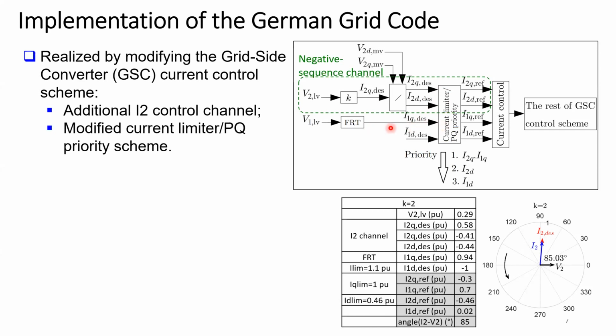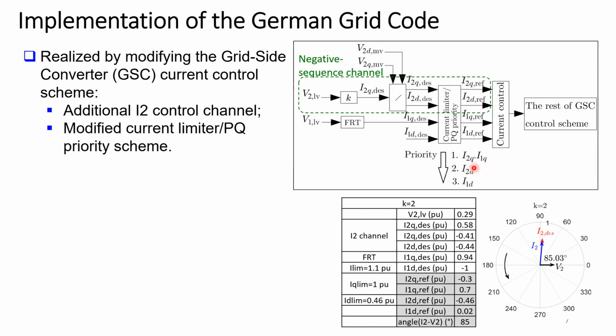Of course, the positive sequence channel also provides the desired set point of the positive sequence reactive current and also the positive sequence active current. And the current limiter PQ priority should distribute the converter current capacity among these four desired set points.